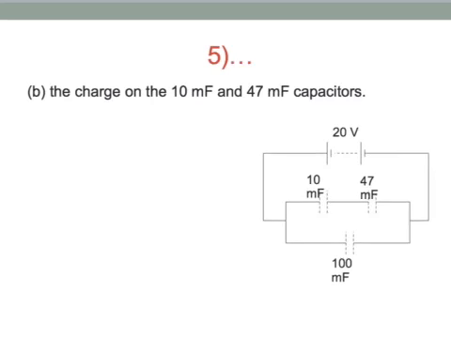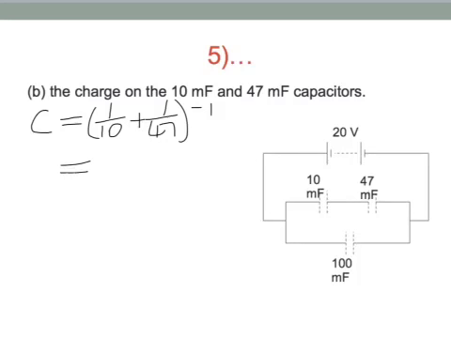B, find the charge on the 10 millifarad and 47 millifarad capacitors respectively. Well, we need to find their combined capacitance first. So to do that, we use that ratio equation, 1 over 10 plus 1 over 47, all inverted. Doing that, you get 8.25 millifarads. So now we are in a position to calculate the charge on each, given the voltage of 20 volts again.